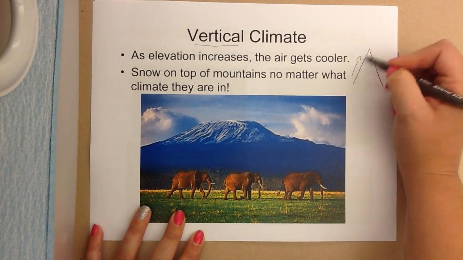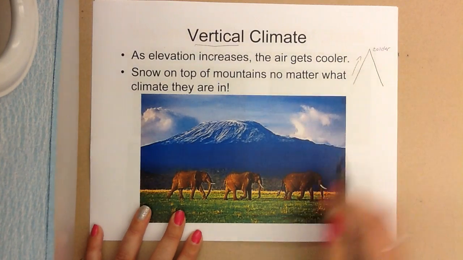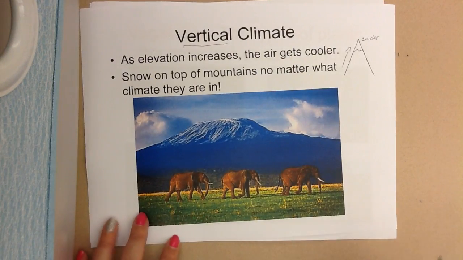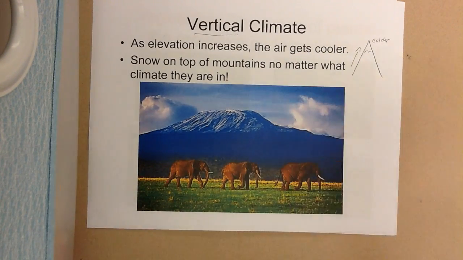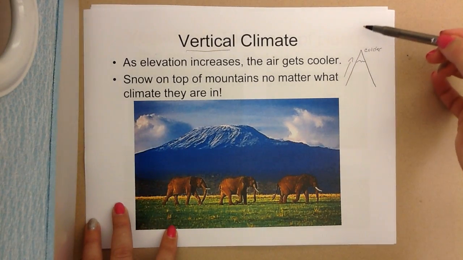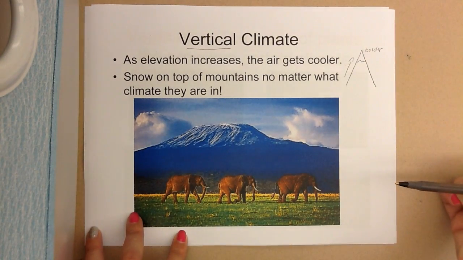So as you go up, the air temperature gets colder, which is why we see snow at the tops of mountains a lot of times, because it doesn't matter where that mountain is on the map, because the higher you go, the higher that mountain pushes up as the plates move, the higher it goes, the colder the air gets.